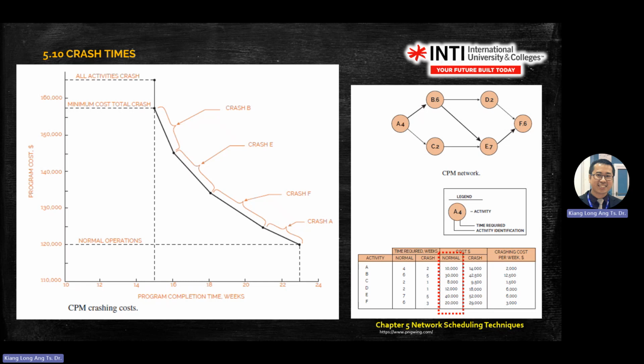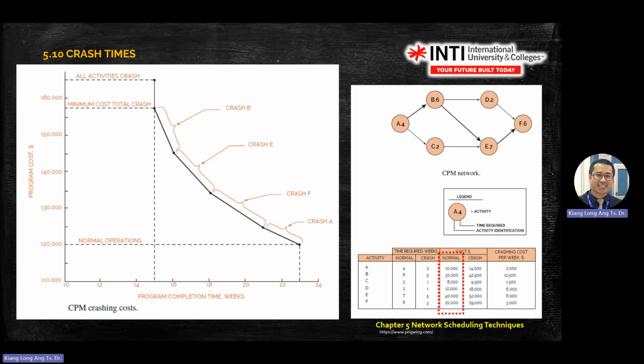For the table, for example, how you build it: activity A, normal time is 4 weeks, with a crash of 2 weeks. The cost for normal 4 weeks is 10,000. If you crash, it will be 14,000. So with these two cases, the crashing cost per week is 2,000.